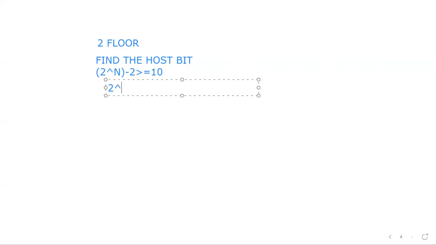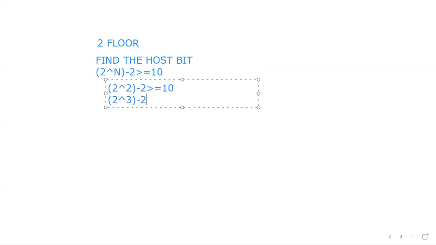2 to the power 0, 1. Put 2, subtract 2 is greater than or equal to 10? No. 2 to the power 3, subtract 2 is greater than or equal to 10?